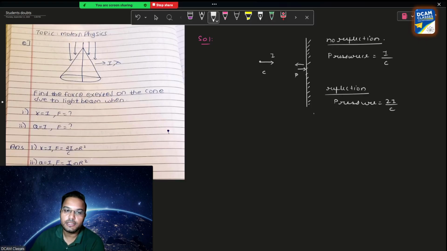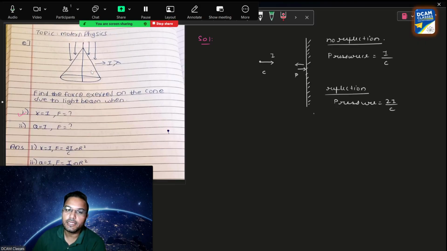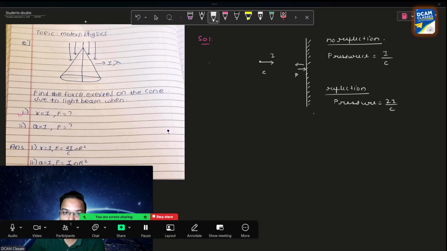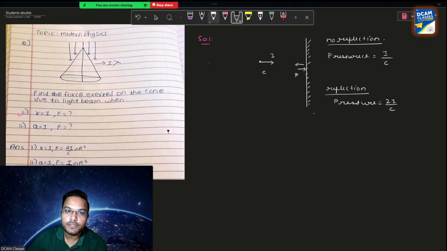In the first case, when there is no reflection, the ray of light is coming like this, and the ray of light which is coming is perpendicular, so effectively it will be striking these points. Height is not a matter.